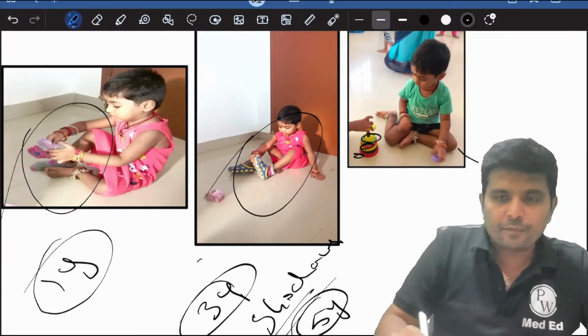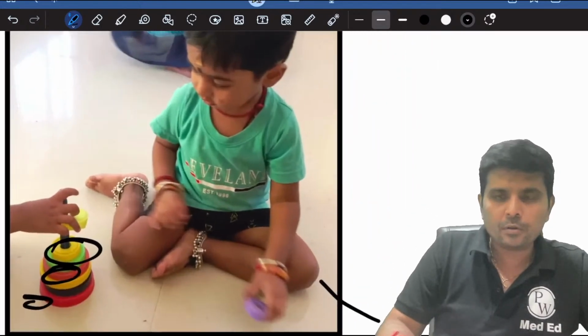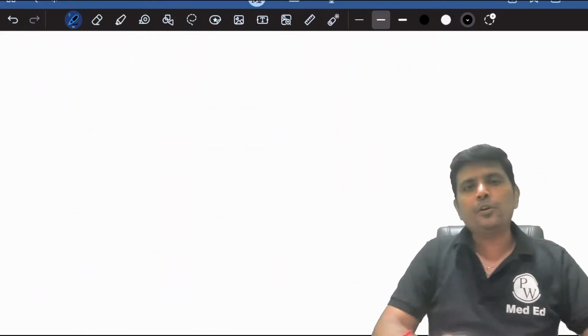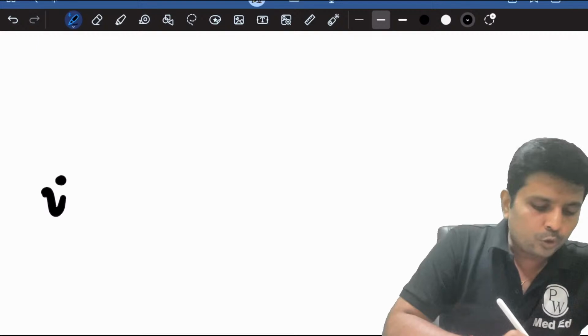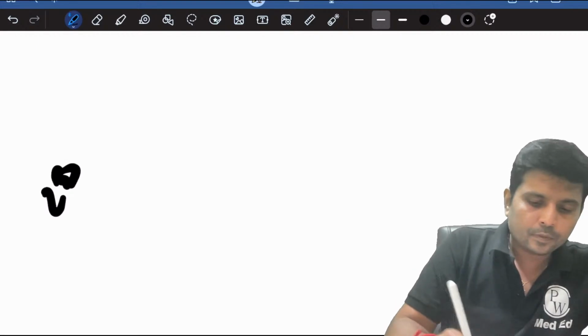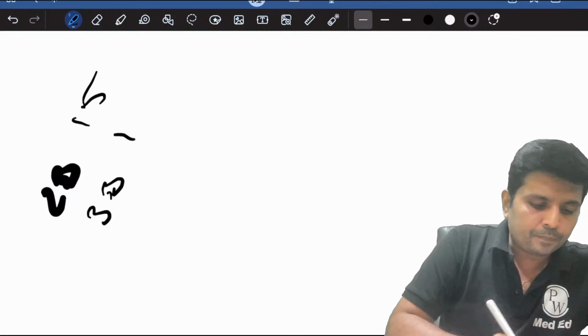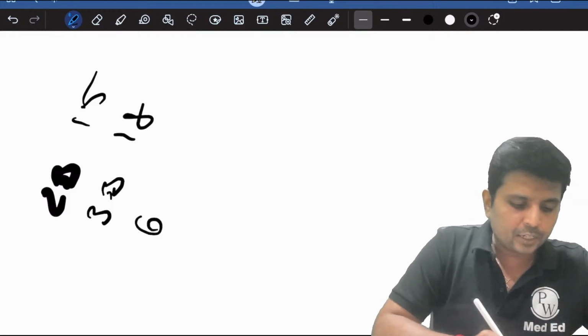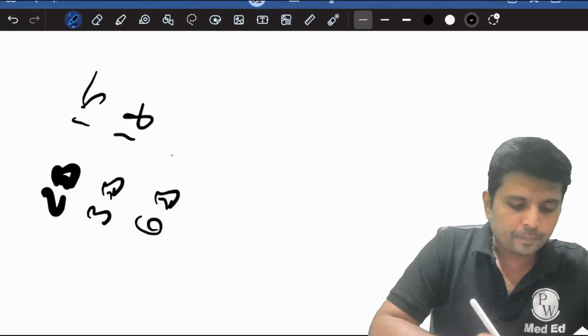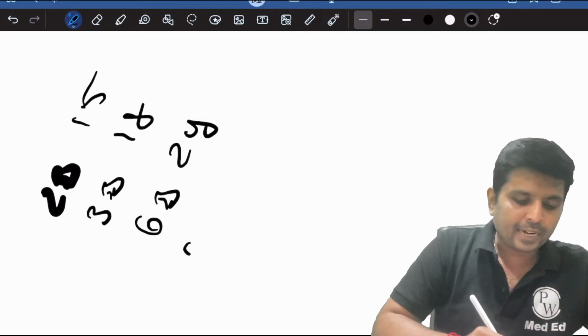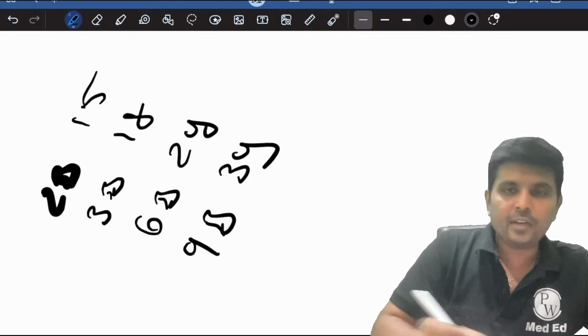And finally, what about the building blocks? The child is able to build blocks. So 2 blocks at 15 months. Okay. 3 blocks, 18 months. 6 blocks, the child can build by 2 years. And then 9 blocks by about 3 years.